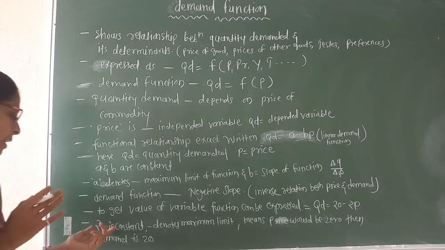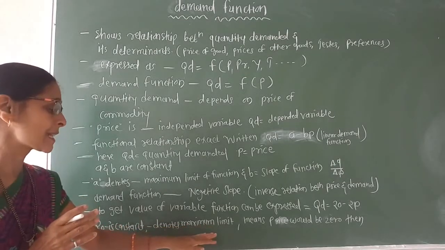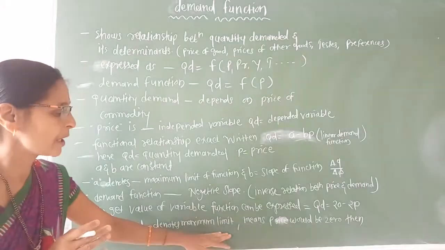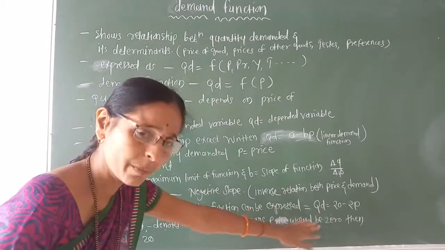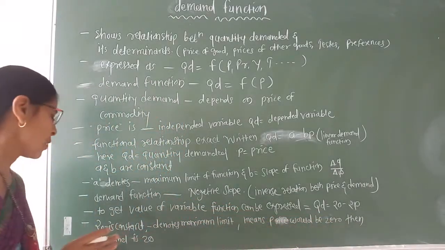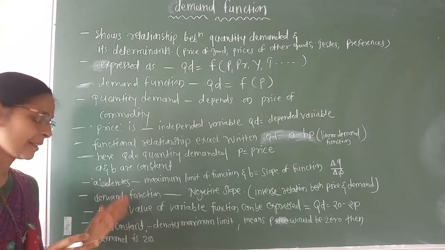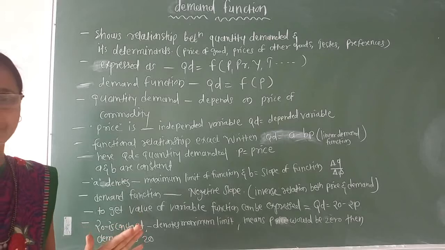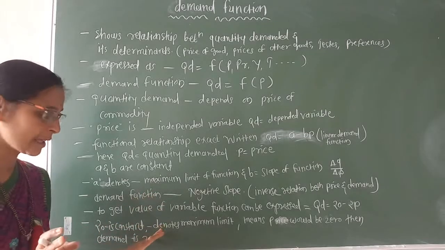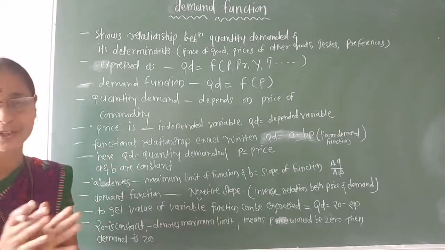It means that when the price is 0, the quantity demanded is 20. 20 is a constant, not a changeable factor, so it denotes the maximum level of the function.